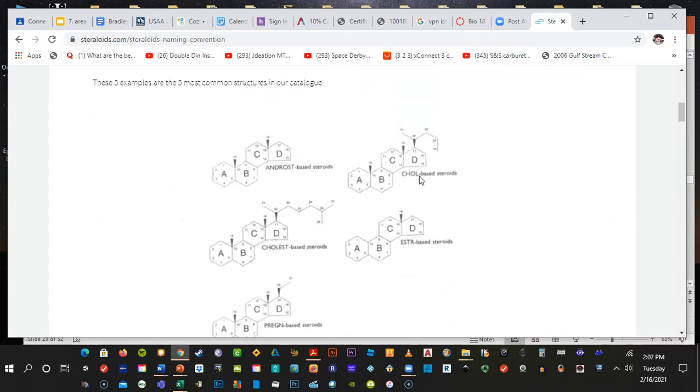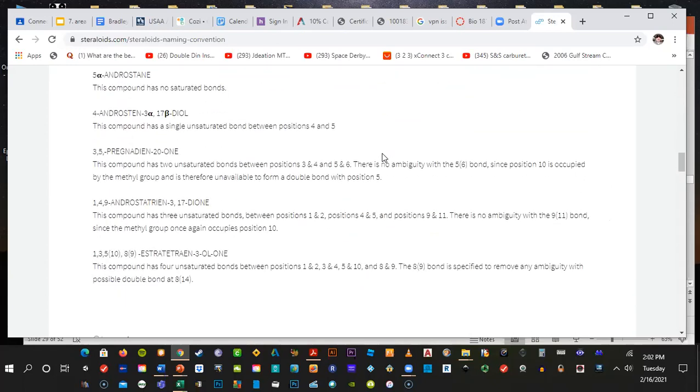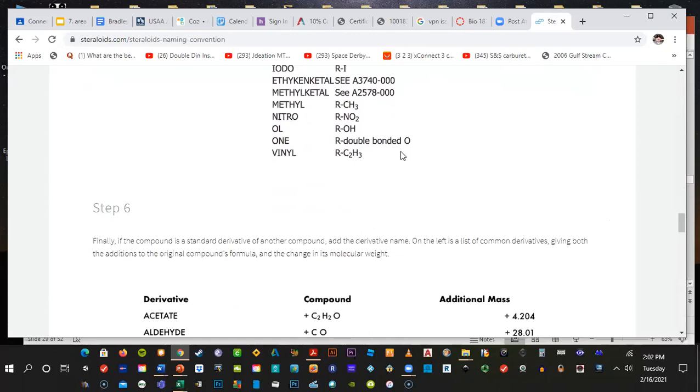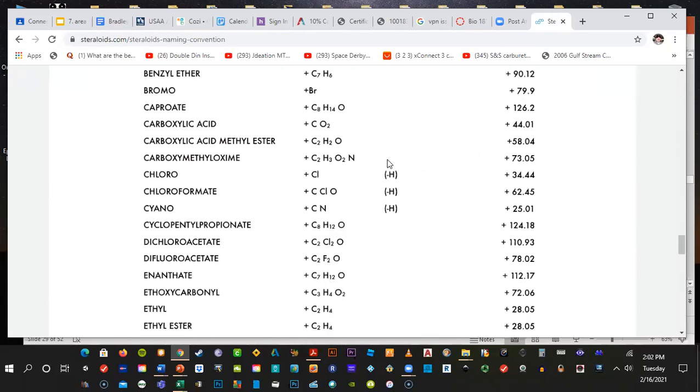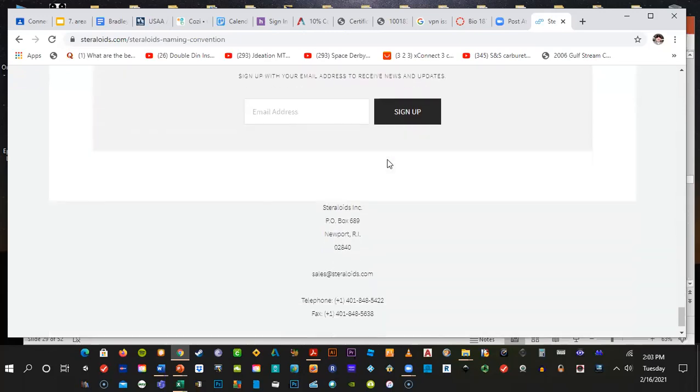So all of these steroids, you can see, and the reason I want to show you is that all of these have this basic 4-ring structure. You guys see my screen? Yeah. And so all of these steroids come from cholesterol. And so you can see that these are the functional groups that we can add to them. And then this changes all of their properties and stuff like that.